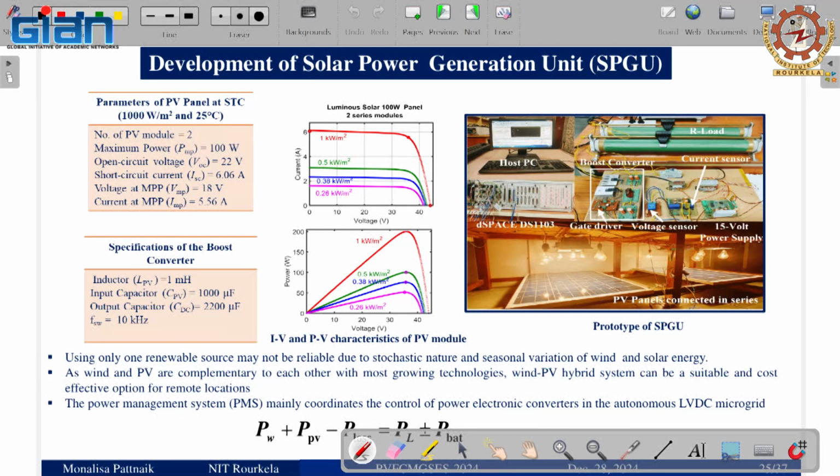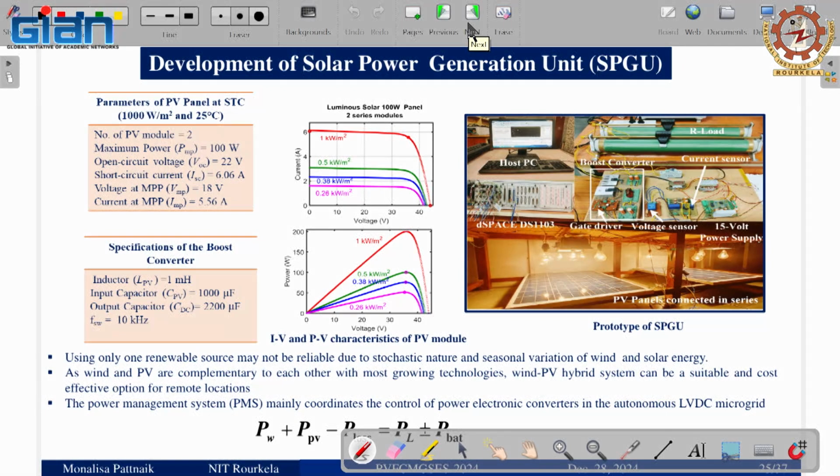The boost converter is designed, and MPPT can be done for different irradiance conditions. Normally for PV you can go for the incremental conductance, INC, method. We have used P and O and INC, and improved them with drift free MPPT techniques. You can go through all these papers, where it is given in more detail.